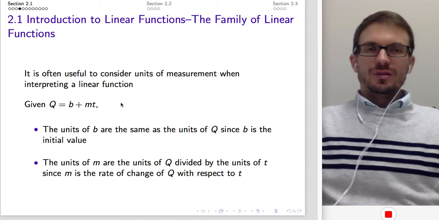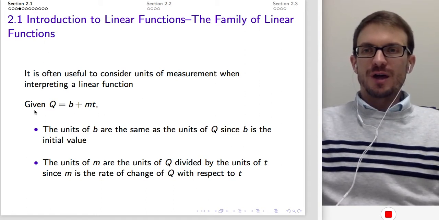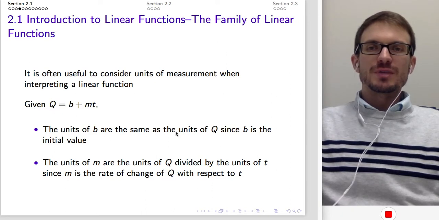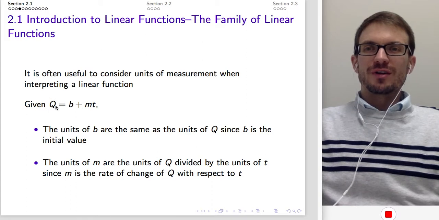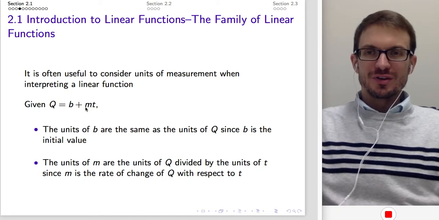Then lots of times we're going to think about the units of measurement, particularly when we're doing analysis problems. So given some q is equal to b plus mt, the units of b are the same as the units of q, since b is the initial value, right? Whatever the units of the dependent variable are, b has to have the same units, because when the independent variable takes on a value of 0 and this mt term drops out, q is equal to b.